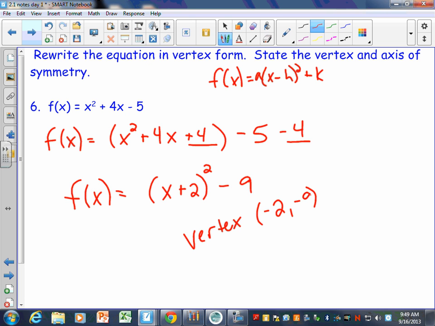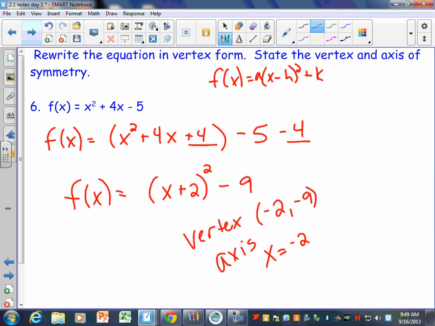Negative 2, negative 9, because remember, it's x minus h, so you always take the opposite sign on the inside, the same sign on the outside. And axis of symmetry, they want us to write it. We're not really going to do a whole lot with it, but it is an equation. It's the vertical line, so it's x equals, and it's what cuts the parabola in half right at the vertex. So it's always x equals that h value. Make sure you write it as an equation.